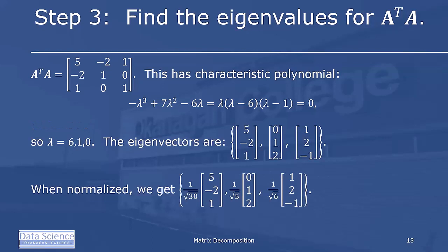The 3 eigenvalues give us 3 eigenvectors, 5, negative 2, 1; 0, 1, 2; and 1, 2, negative 1. When we normalize these, the first vector gets divided by root 30, the second by root 5, and the third by root 6.